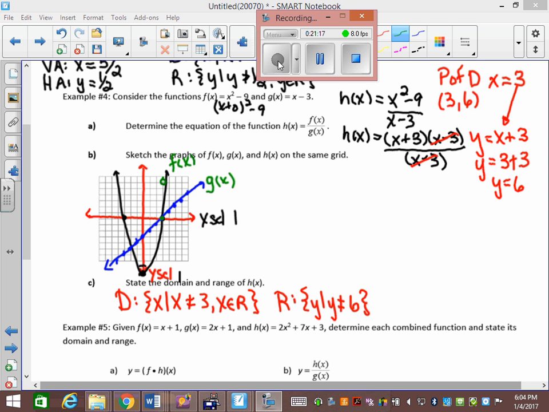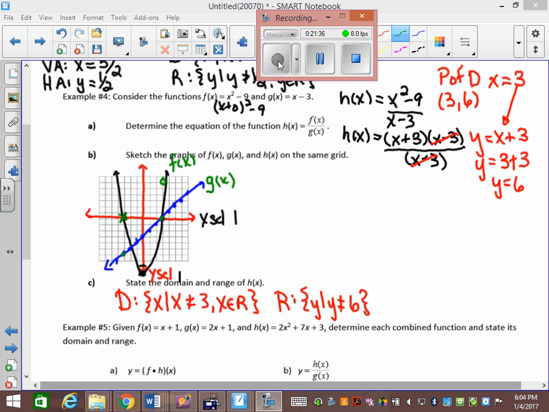Let's see what else I get. Okay, so here I have 0 as my f, so 0 divided by g, which is 1, 2, 3, 4, 5, 6. So I'm looking at negative 3. It's going to be 0 divided by negative 6. 0 divided by negative 6 is 0, so it just stays here.